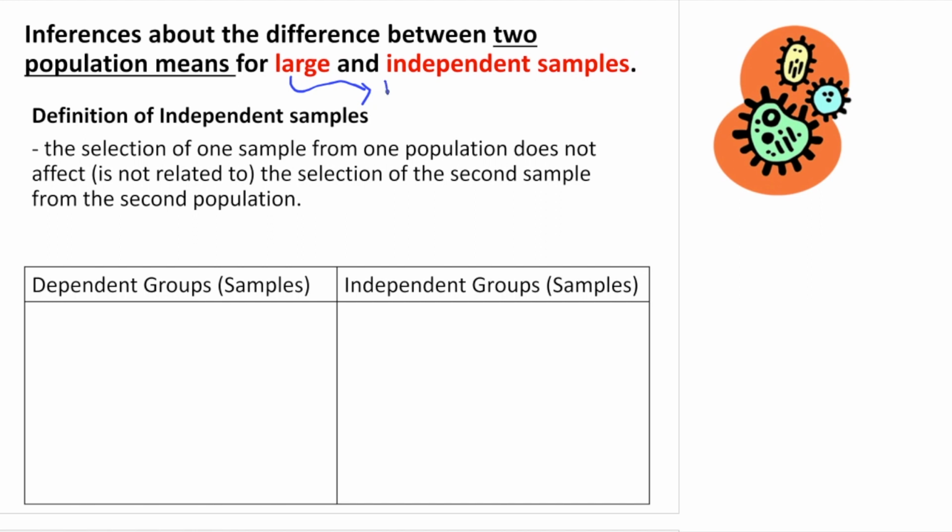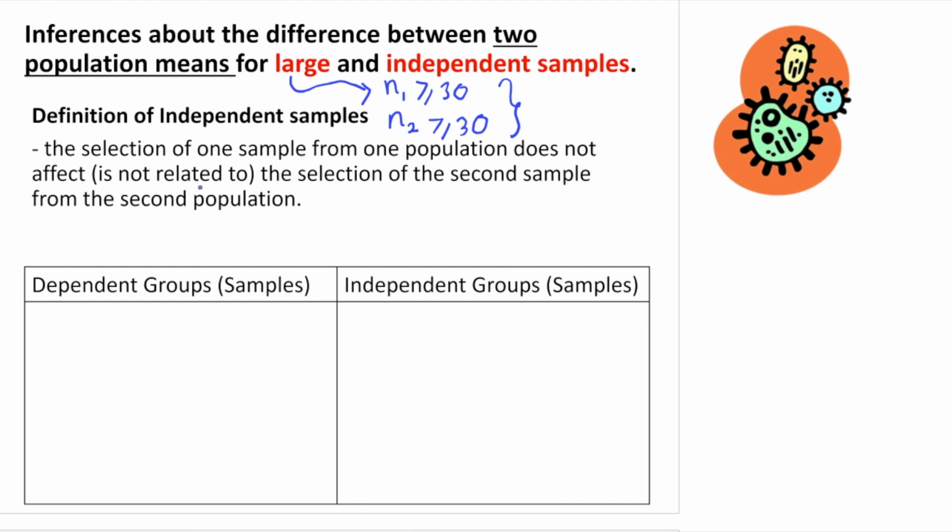And so the sample size for population 1 and the sample size for population 2 must be greater or equal to 30 in both cases. So these two conditions must be fulfilled for the sample size to be considered large.